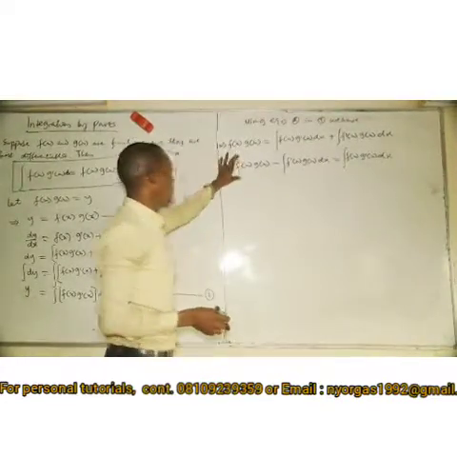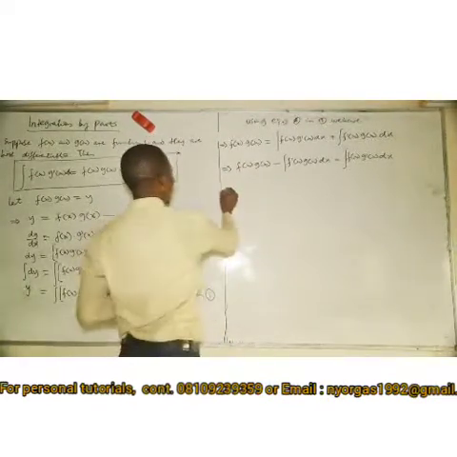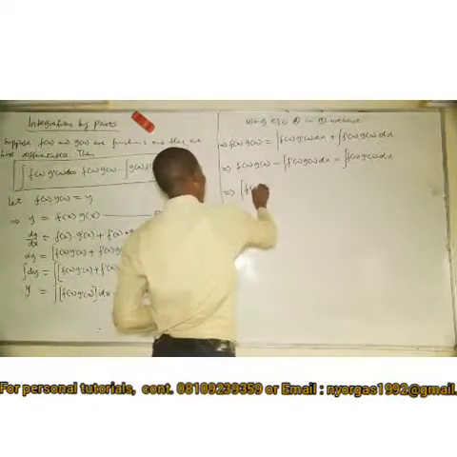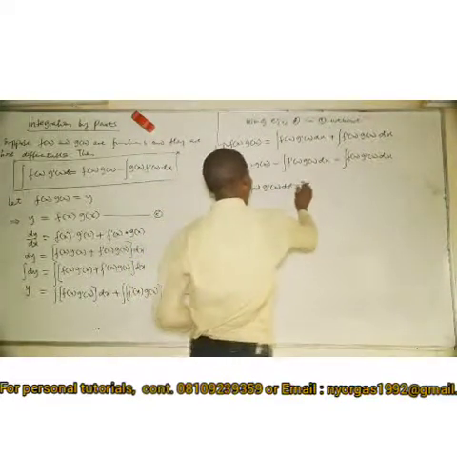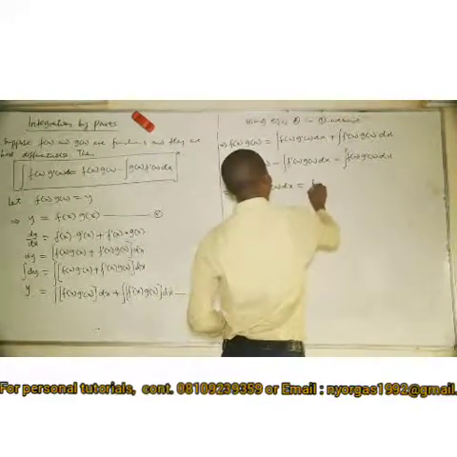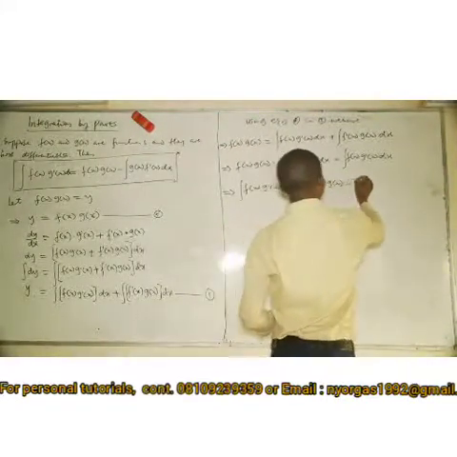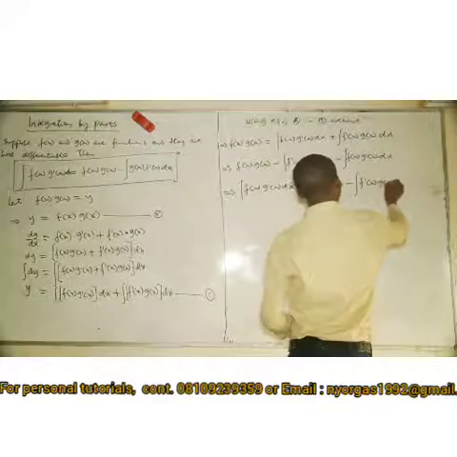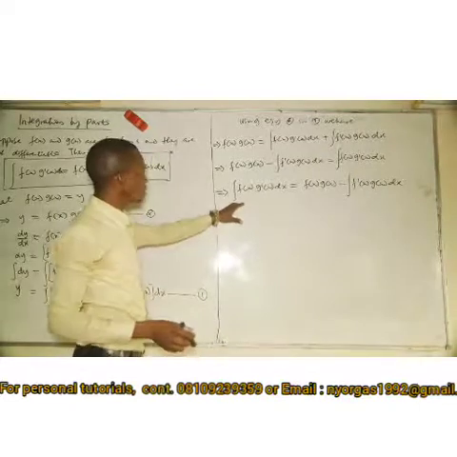Now look at what you have. This can be written as the integral of f of x g prime of x dx to be f of x g of x minus the integral of f prime of x g of x dx.